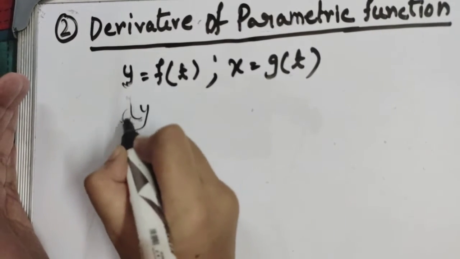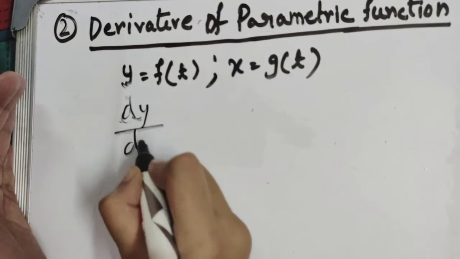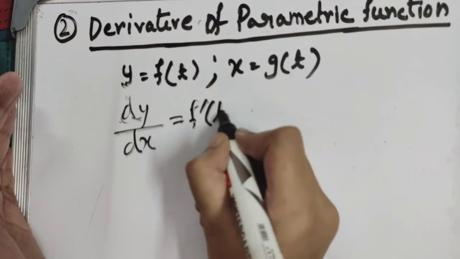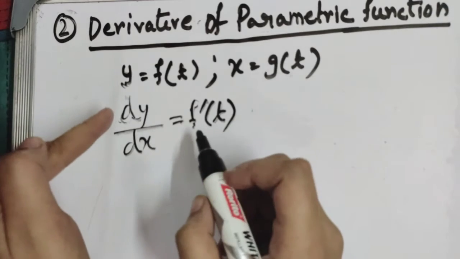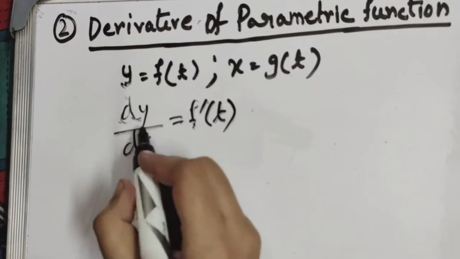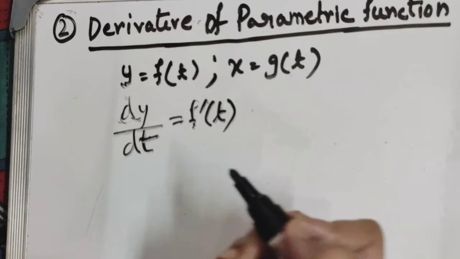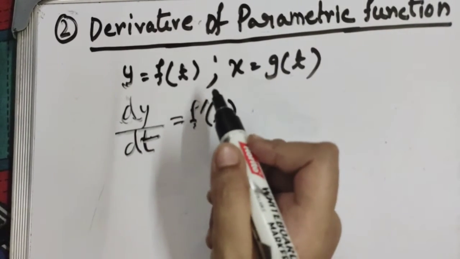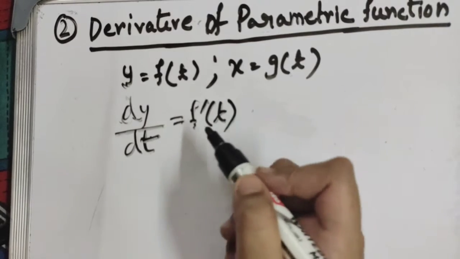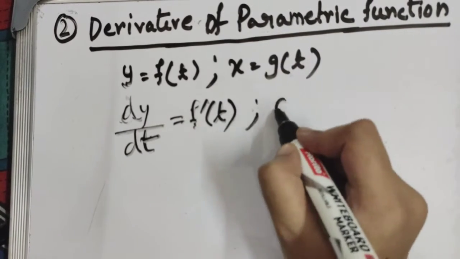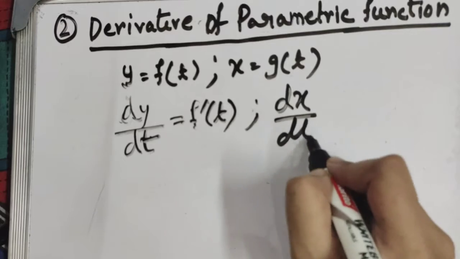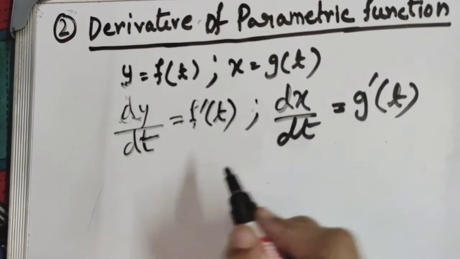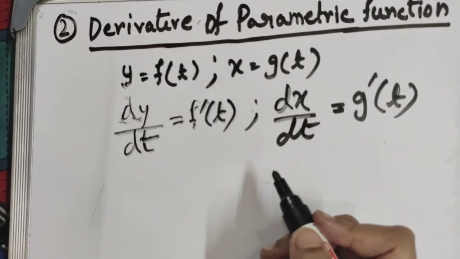Okay, so dy by dt equals to f dash t, because d/dt of f of t we can express as f dash t, right? And here also dx by dt equals to g dash t, right, or g prime t. So dx by dt equals to g prime t.